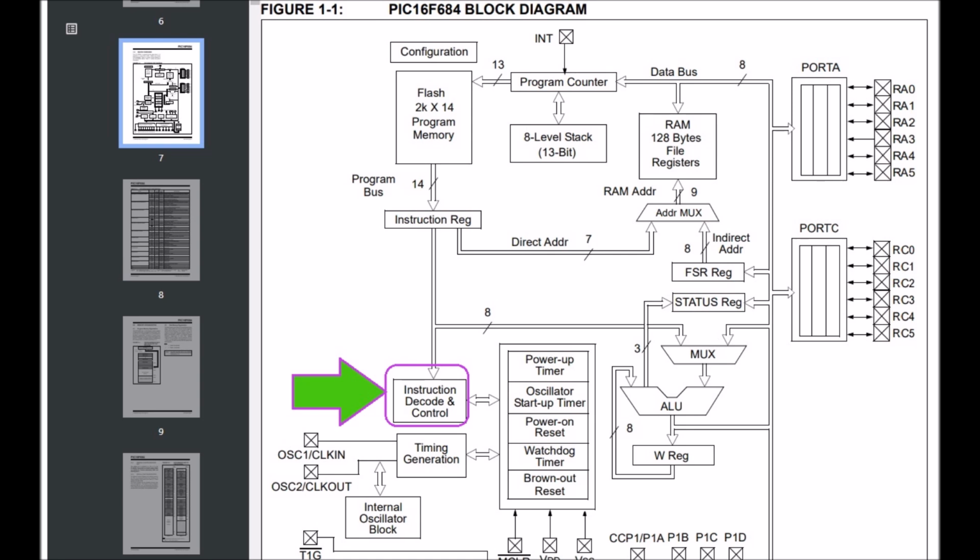Decoding instructions: the binary opcode of the instruction is decoded into control signals. These control signals determine the operation to be performed, for example, arithmetic operations, data transfer, branching.